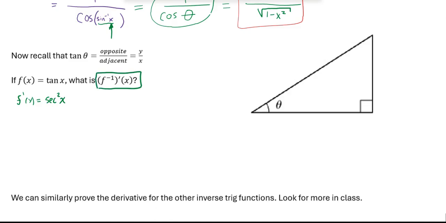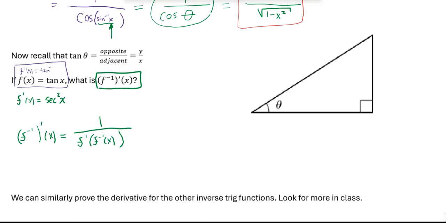So we are wanting the derivative of the inverse of the original function. So let's use our definition. It's going to be 1 over f prime of f inverse of x. All right, so we've got a lot going on. So first off, what is f inverse of x? Well, if f of x is tan x, then f inverse is nothing more than tan inverse of x.